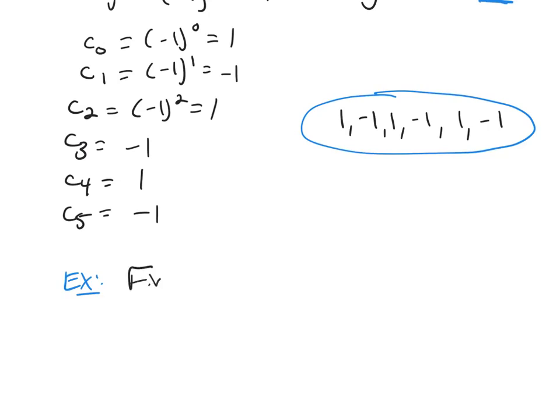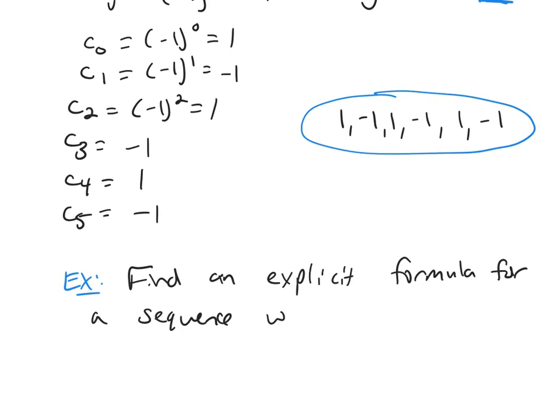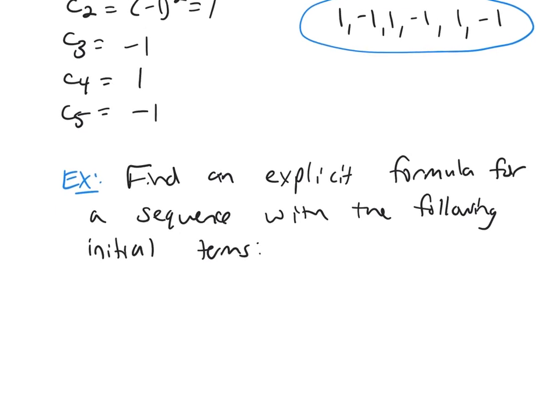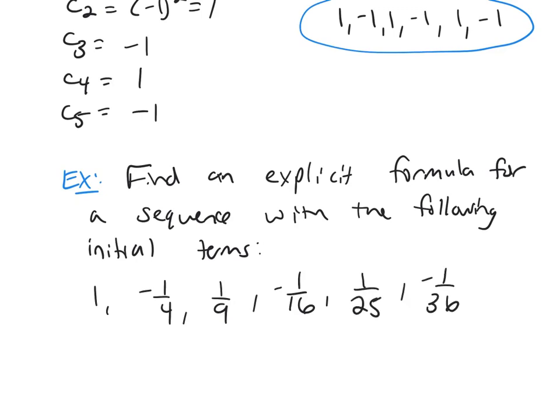So let's find an explicit formula for a sequence with the following initial terms. So 1, -1/4, +1/9, -1/16, 1/25, -1/36.